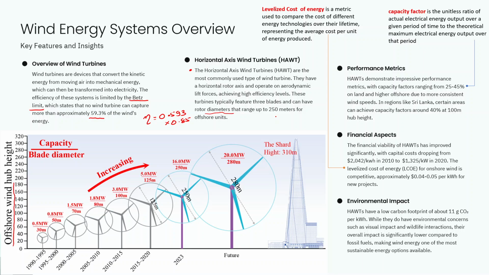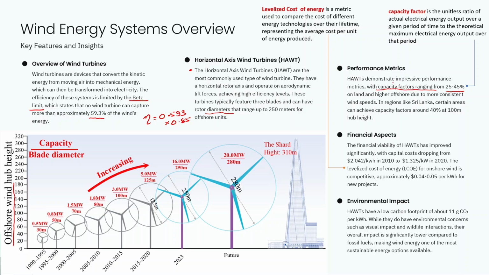Okay? Since we are focusing on the performance of the wind turbine, it's time to look at the performance metrics, right? These horizontal axis wind turbines have a capacity factor ranging from 25 to 45%.